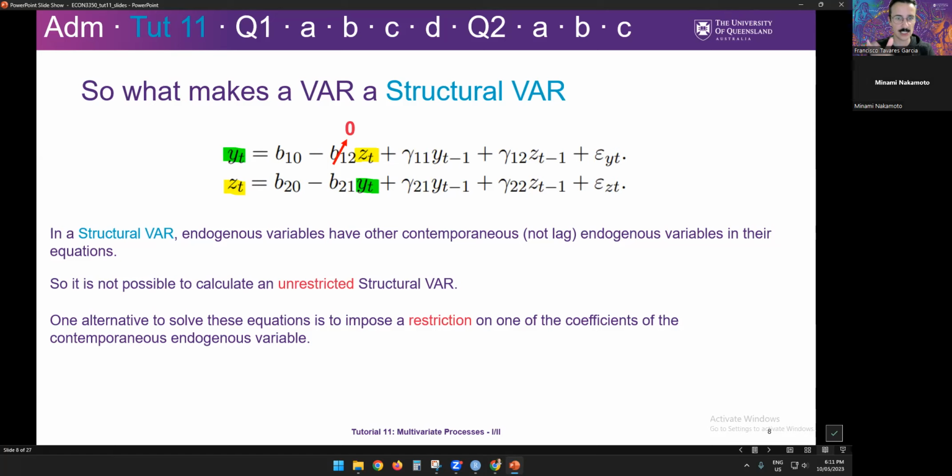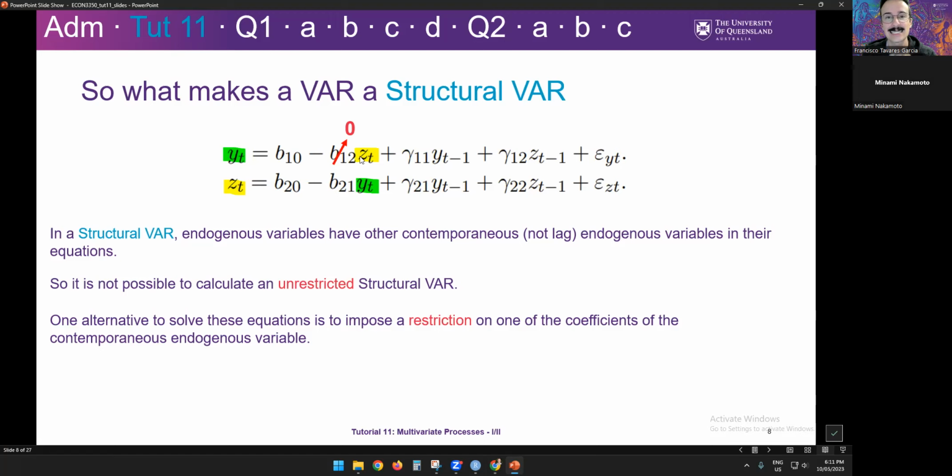But initially, just to have a look at what's going on, you will see that while zt is affected by a contemporaneous yt, which means if something happens to yt this quarter, in the same quarter zt will suffer an impact. On the other hand, if something changes in zt, it won't impact yt in the same quarter.